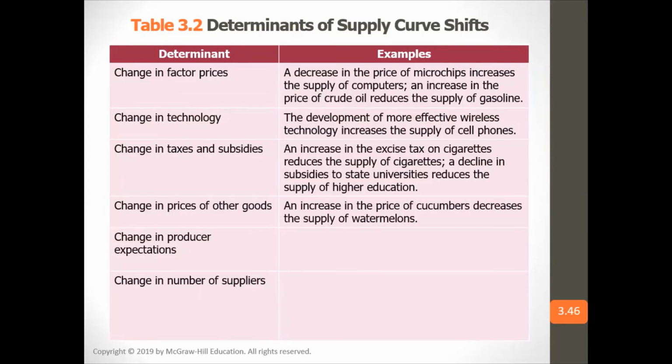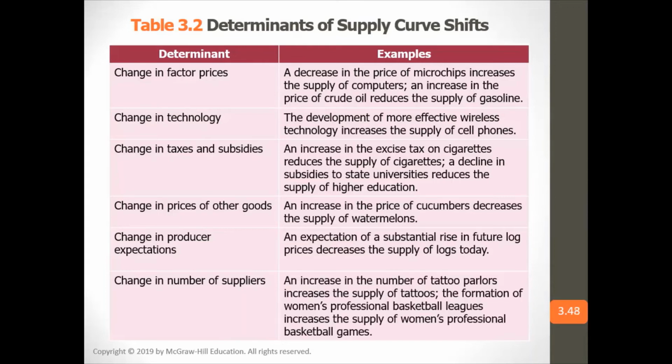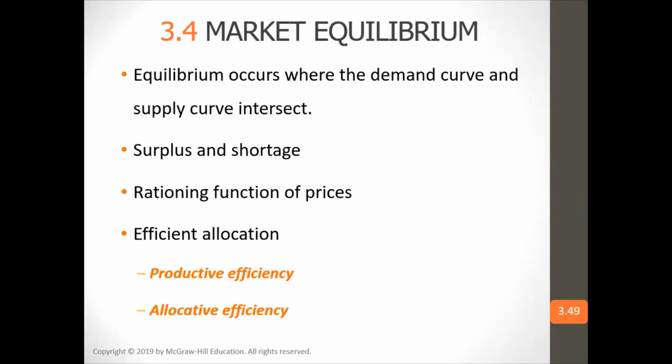Change in prices of other goods: an increase in the price of cucumbers decreases the supply of watermelons. Change in producer expectations: an expectation of a substantial rise in future log prices decreases the supply of logs today. Change in the number of suppliers: an increase in the number of tattoo parlors increases the supply of tattoos. The formation of women's professional basketball leagues increases the supply of women's professional basketball games.